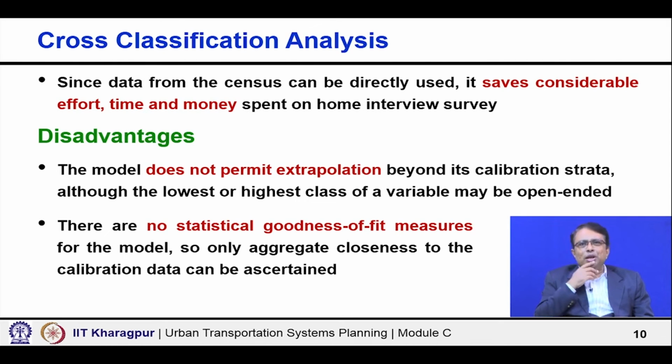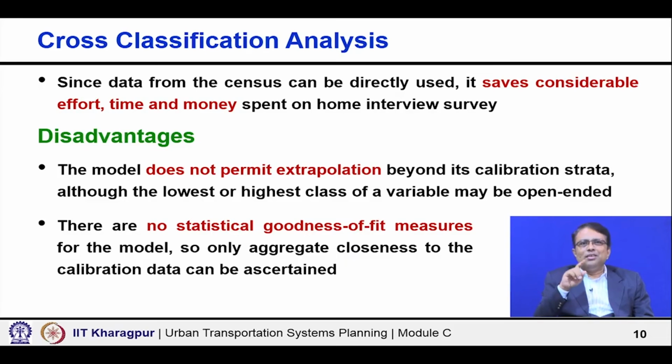For example, when I developed the work, 80,000 income was considerably high, and further classification beyond 80,000 was not applicable. But after some years when you apply this model, you may feel there are many people from 82,000 to 100,000, and you may want to consider them as a separate group. You can't do it because you have not calibrated it. Whatever way you have calibrated, exactly the same grouping you have to maintain.